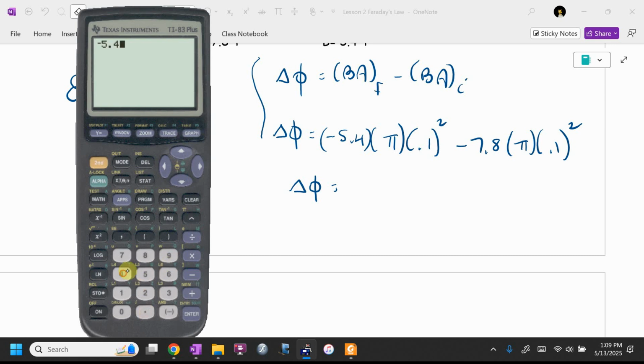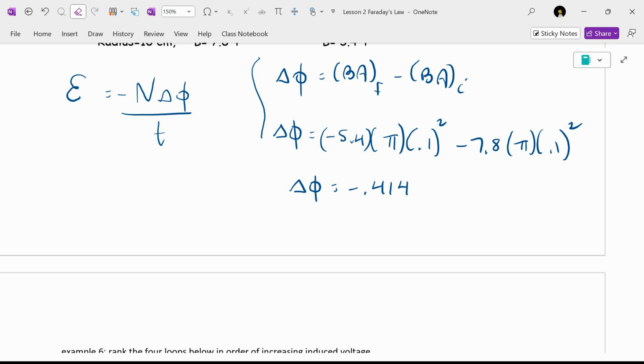Negative 5.4 times pi times 0.1 squared minus 7.8 times pi times 0.1 squared. I get negative 0.41469, blah, blah. I'm going to write negative 0.4147, but I'm going to store this on my calculator. And our new units du jour, Webers.